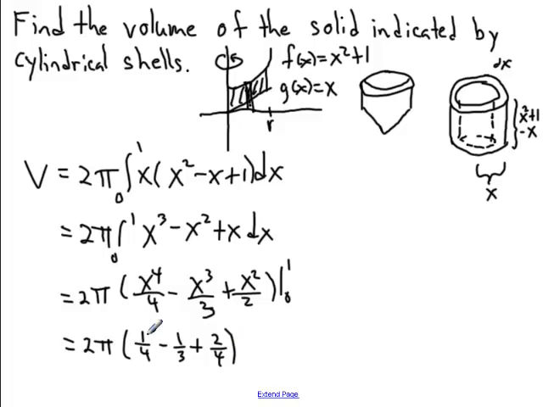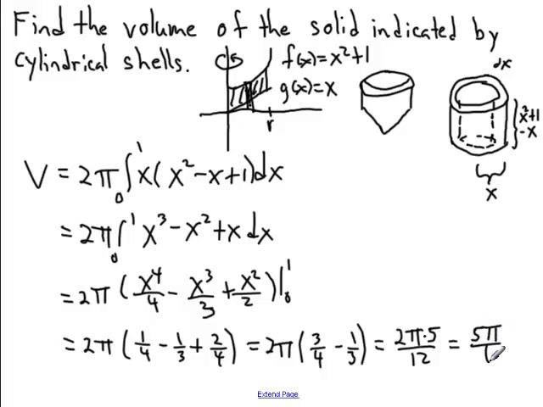So we get 1/4 plus 2/4 is 3/4. 3/4 minus 1/3, and you always end up with these fractions in these problems, which I guess is 9/12 minus 4/12 is 5/12. So 2 pi times 5 over 12, which I guess can be simplified to 5 pi over 6.